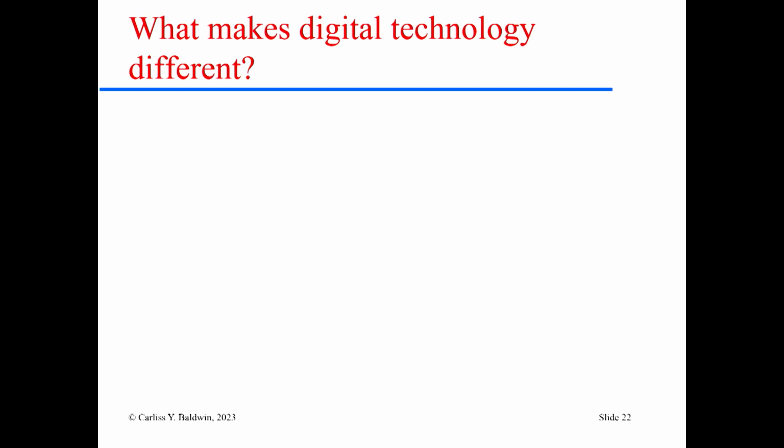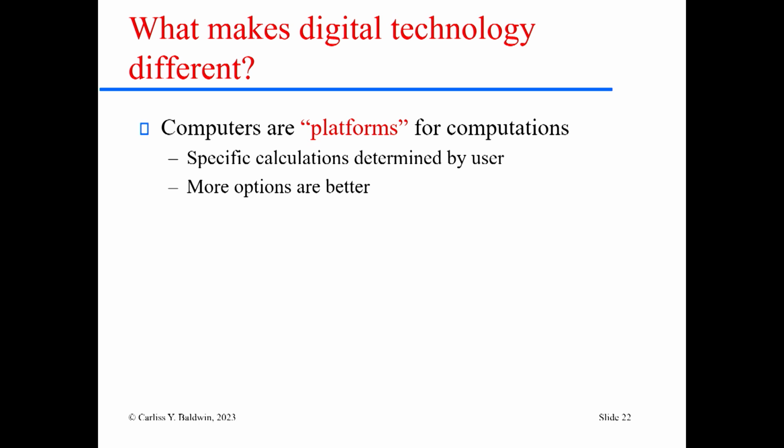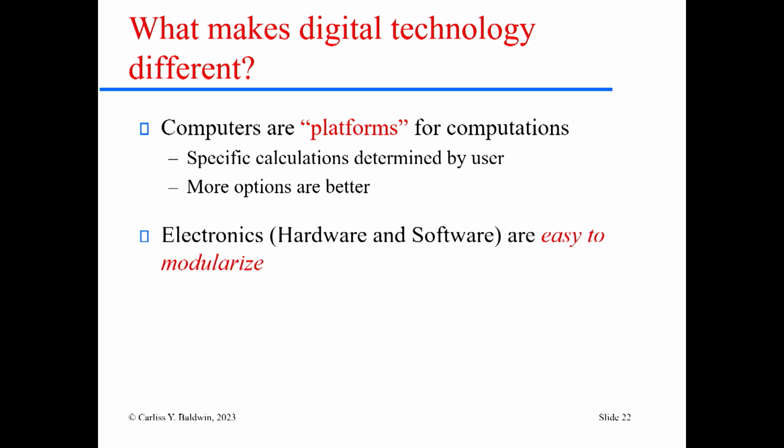What makes digital technology different? As in, why now? Well, computers are intrinsically platforms for computations. You can do theoretically any computation you want. And the specific calculations are determined by the user. And the more users, the better. The more the thing is worth.